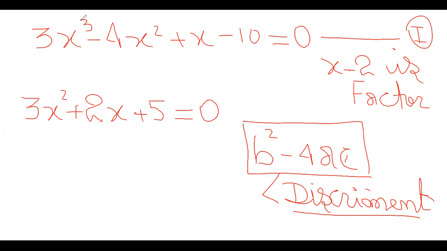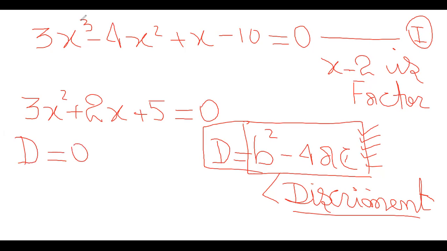This discriminant tells everything about the roots, about the solution. The discriminant is denoted by D, and D means b squared minus 4ac. If D is equal to 0 for the quadratic equation, then the roots are real and equal, both roots.